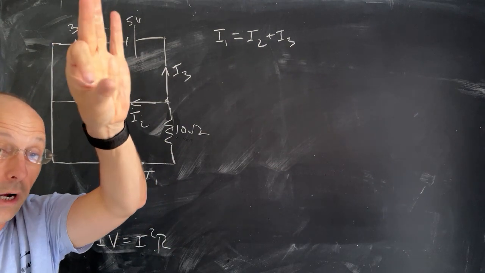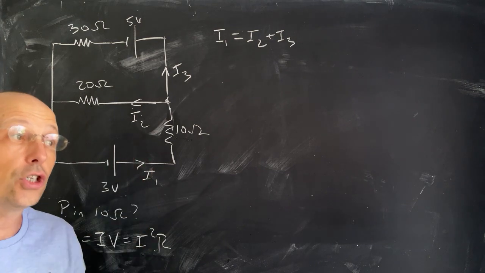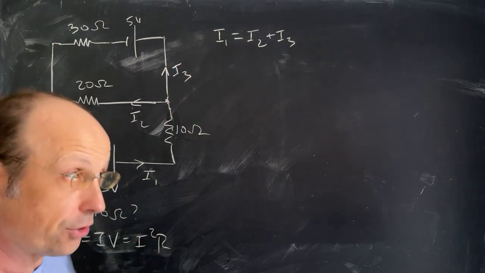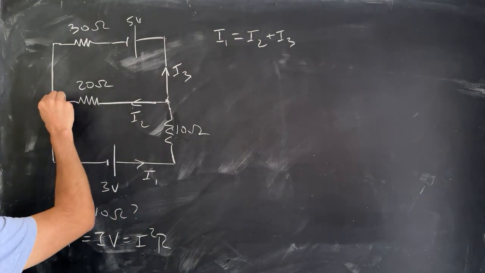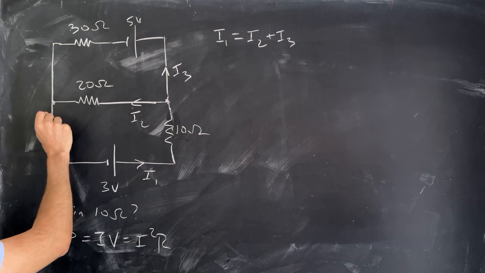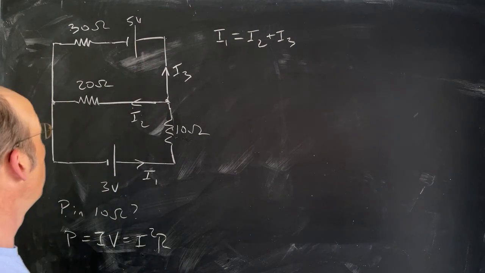So that's one equation with 3 variables, so I need 2 more equations. I can get 2 equations from the loop rule. I can't do another junction, right? Because here's the only other junction over here. But if I did that, I would get I2 plus I3 equals I1, which is the same as that. So it doesn't help me.